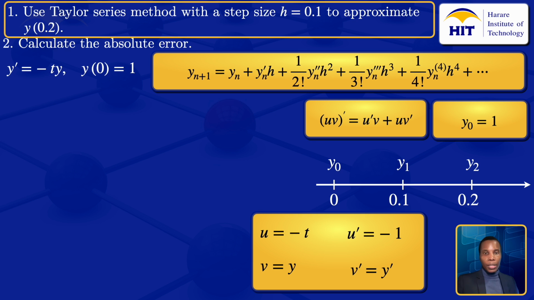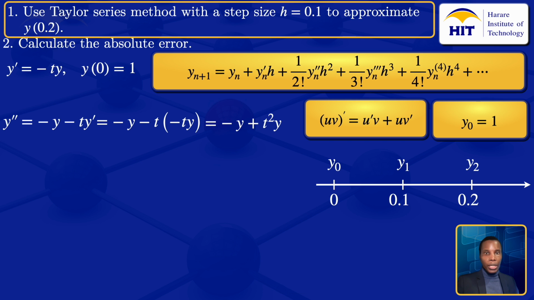Substituting what we have obtained into the product rule formula, we obtain that y double prime is equal to minus y minus t times y prime. But the value of y prime is minus ty, so we can substitute it here: minus y minus t times minus ty, and that simplifies to minus y plus t squared multiplied by y. So that's our y double prime.